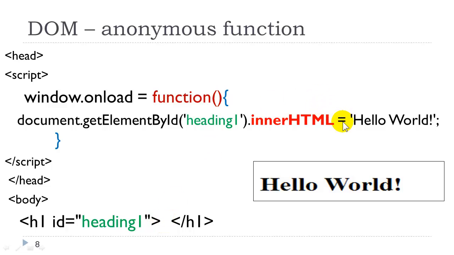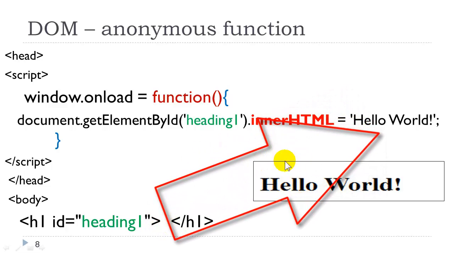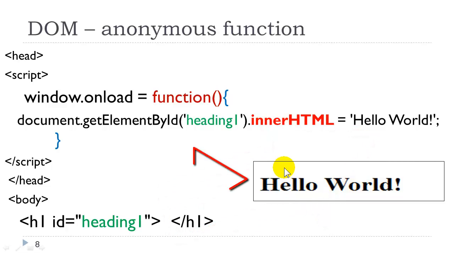So we have the equals hello world. So hello world is being assigned to the innerHTML property. Essentially it is being placed right here, and this is how we can output hello world to the web page without using document.write. Another thing I would like to point out, when you're putting quotations around a literal, it can be single or double, but it has to be consistent.